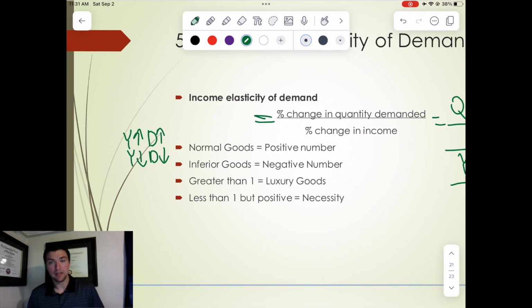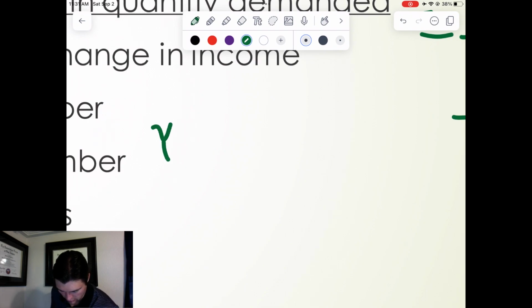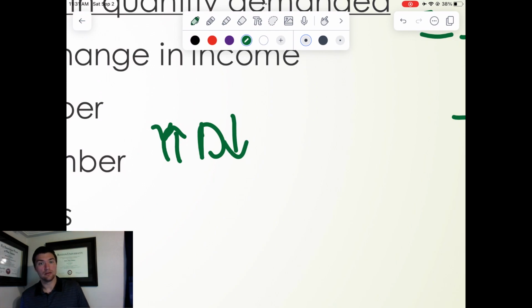Inferior goods are going to be the opposite. So guess what it is? A negative number. Meaning, if your income goes up, your quantity demanded is going to go down. So therefore, positive, negative, we have a negative number. Okay? So if your income goes up, your demand's going down. But if you had less money, right, you can't buy the goods before, so you have to switch to cheaper goods, inferior goods.